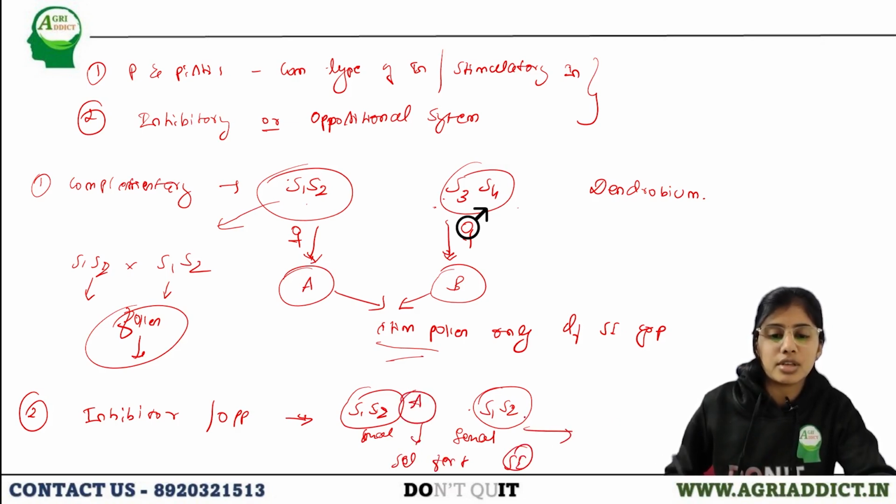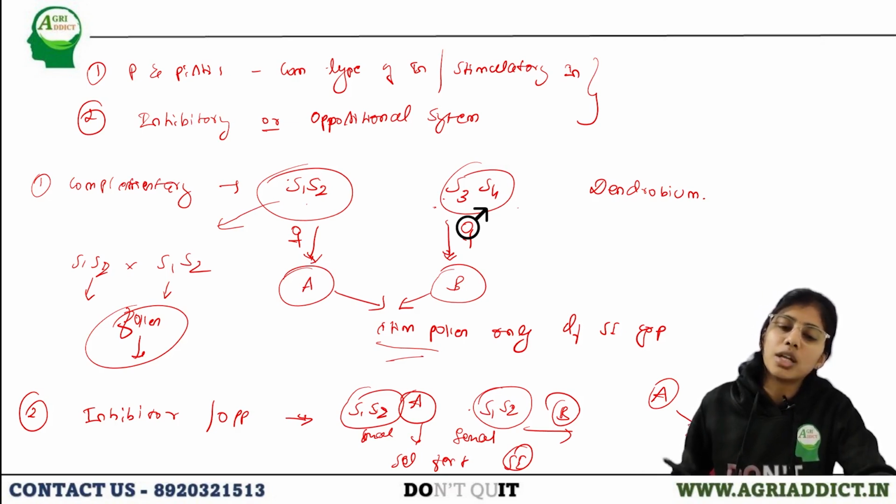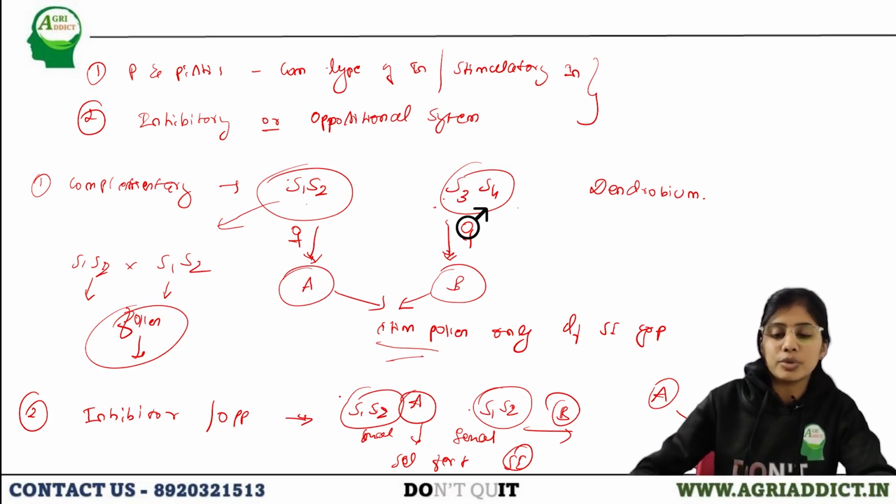Let us say this produces A substance and this one produces B substance. What happens? A and B together inhibit the germination of pollen.